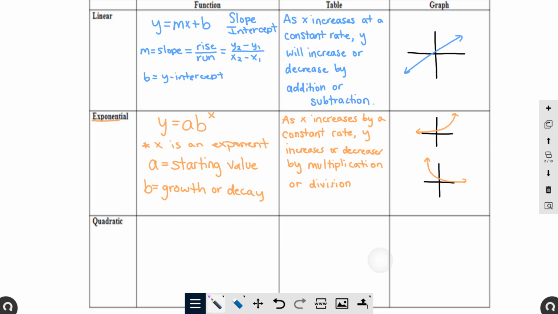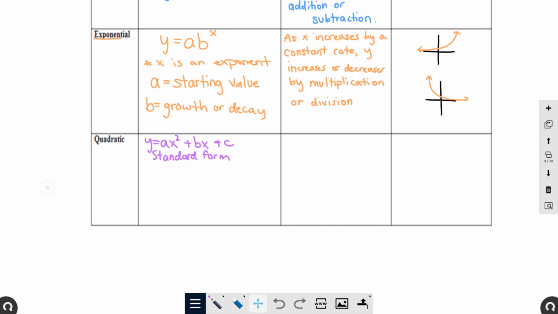We can start with the equation first. So, y equals ax squared plus bx plus c. Good. That is our standard form of a quadratic. Standard form.